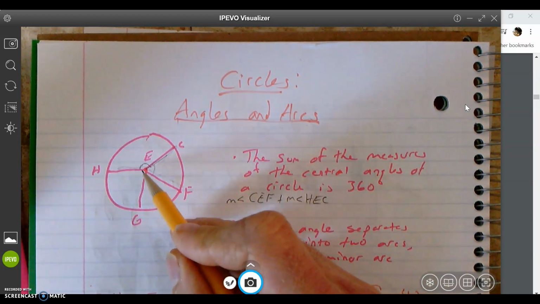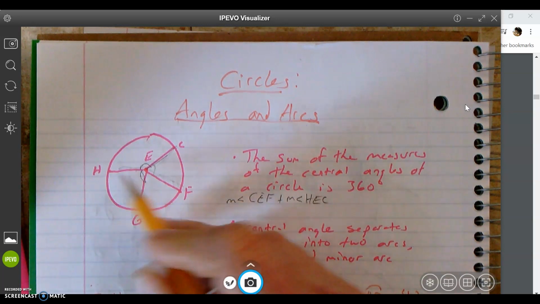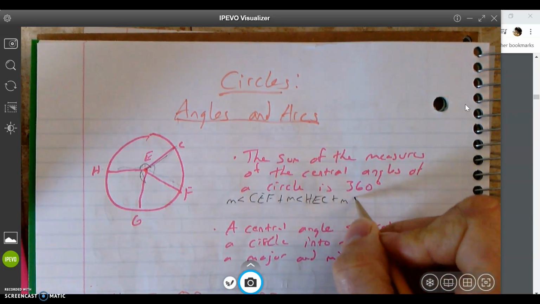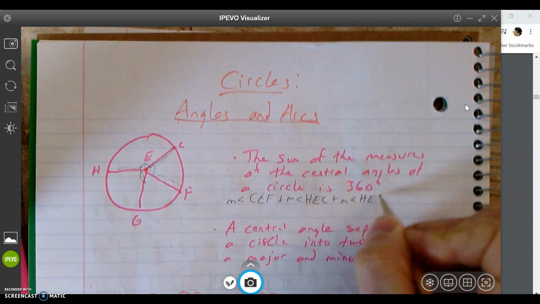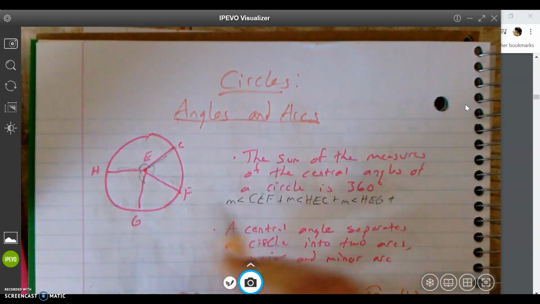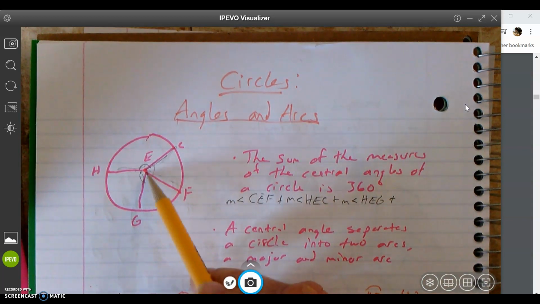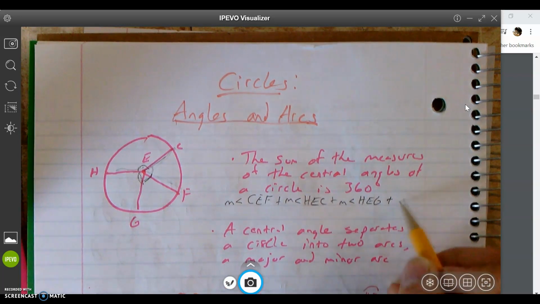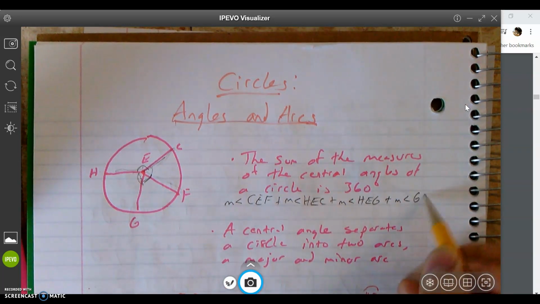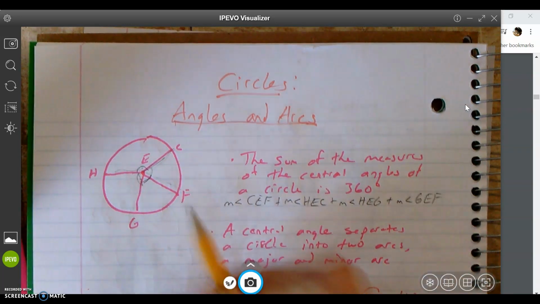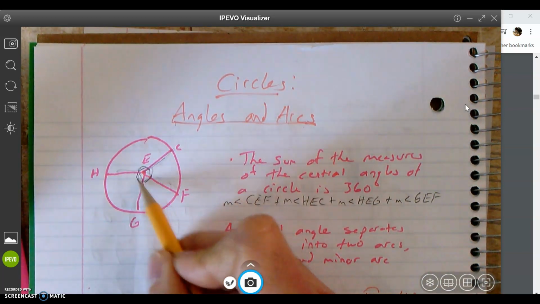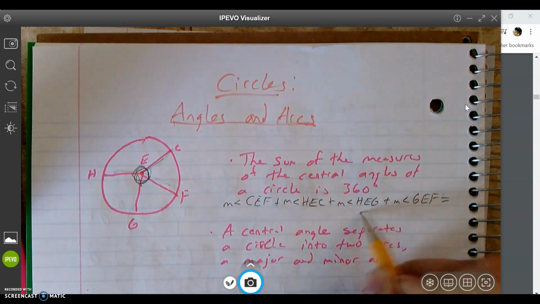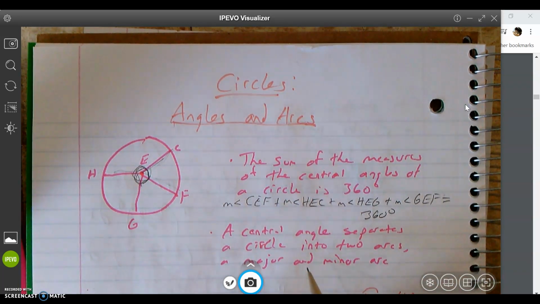And we have another central angle right here, so that's HEG, plus the measure of angle HEG, plus the last one, this central angle right here, GEF, plus the measure of angle GEF. You see what that is? When you add up all these angles, that's a circle in and of itself, isn't it? So that equals 360 degrees.